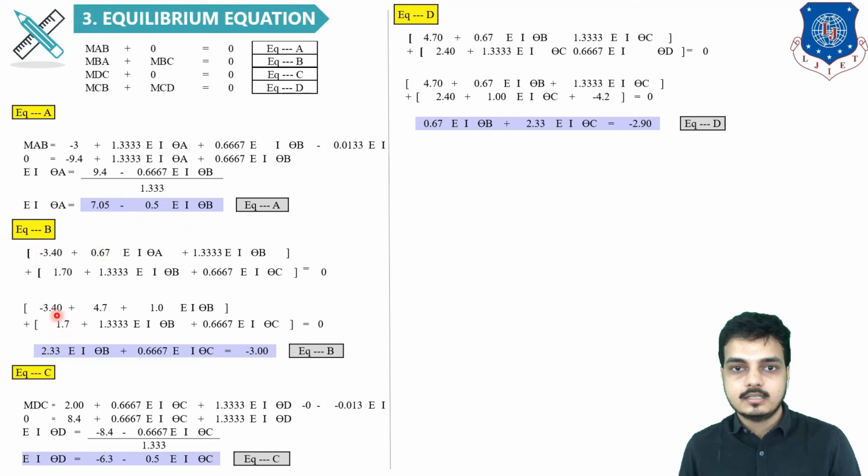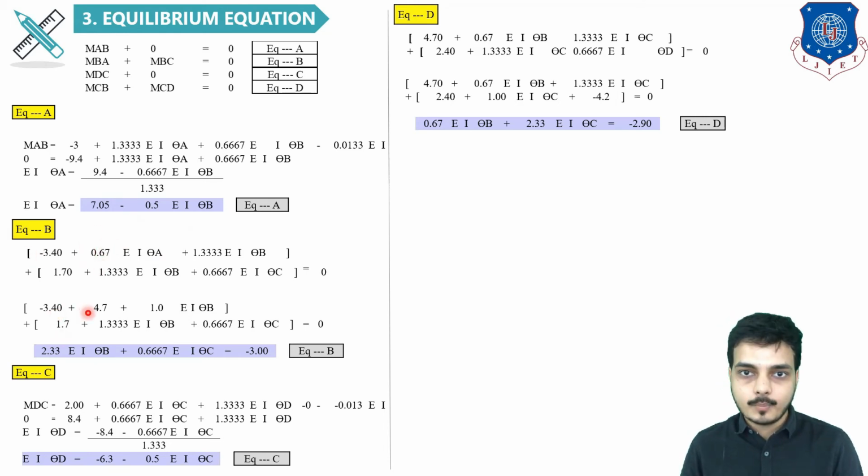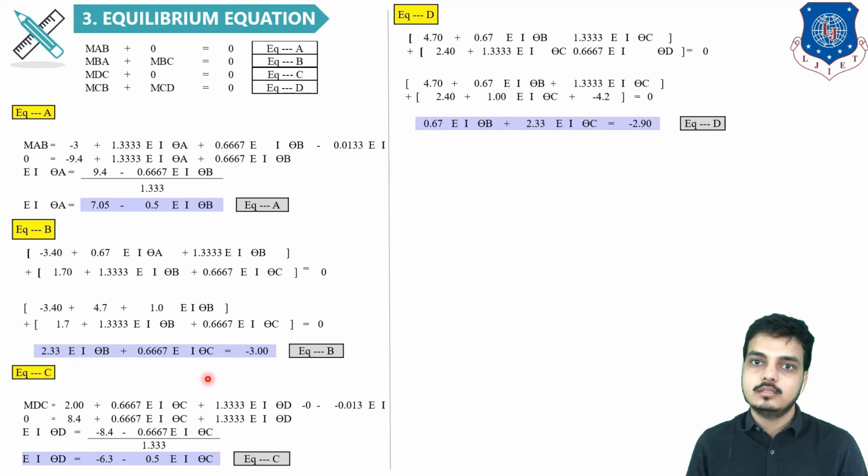So I will be getting minus 3.4 plus 4.7 plus 1 EA theta B. How did this come? This 0.5 multiplied by 0.67 will be coming in negative, plus this 1.33, ultimately it is 1 EA theta B. And then this equation will be as it is because there is only theta B and theta C. So I have placed it as it is. And then solving this, I will be getting it in two terms, theta B and theta C only.